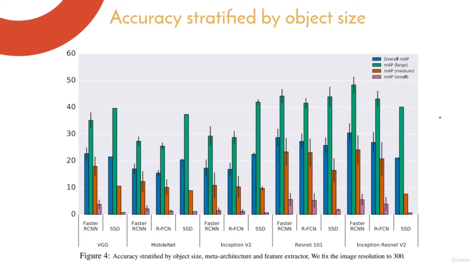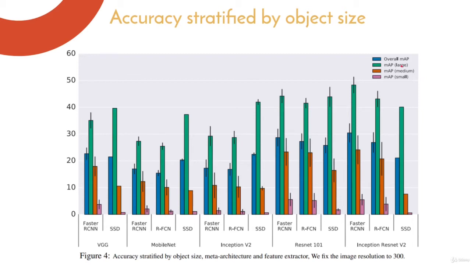tell us a lot about how the neural network will perform when the object size is either small, medium, or large. So here, the blue color represents the overall mean average precision, and the green one represents the mean average precision of the network when the object that it's trying to detect is large.